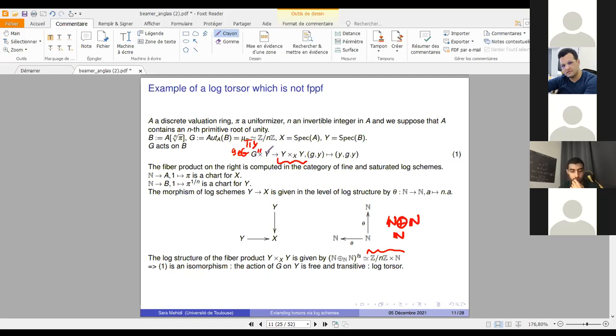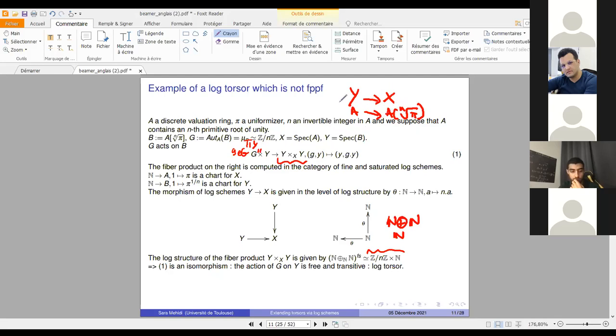This is not an fppf torsor, and the reason is that here G is Z over NZ. So this is an unramified group scheme, as I said in the beginning, and Y over X, which is Spec B to Spec A, which is the same as giving a map from A to B, which is taking the nth root of B. This is a totally ramified map, so this is not unramified.